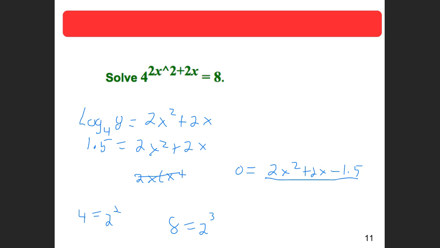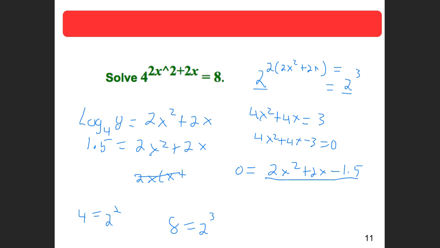So if I write 4 as 2 to the second, I still have this in there is equal to 2 to the third. So now I have common bases, so my exponents are equal. So I'm going to multiply through by the 2, so that gives me 4x squared plus 4x equals 3. I'm going to bring the 3 over, so 4x squared plus 4x minus 3 is equal to 0.